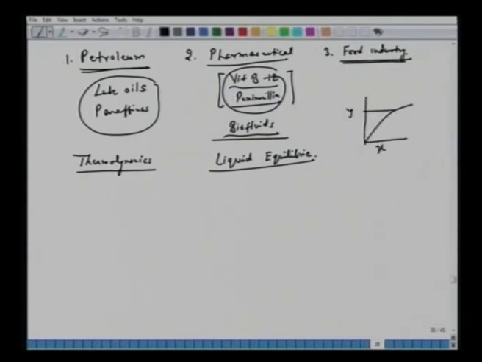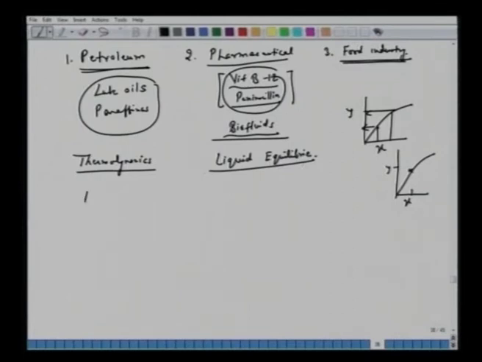Given this y, so much is x. Given this x, so much is y. Here also we have liquid equilibrium. For distillation, we have y versus x based on Raoult's law. You fix the temperature, fix the vapor pressure, and then fix the two compositions. So here also we need to have liquid equilibrium.